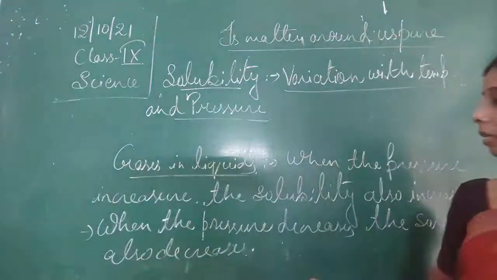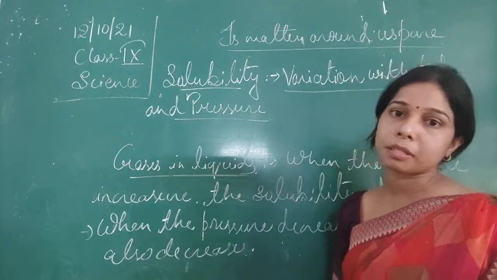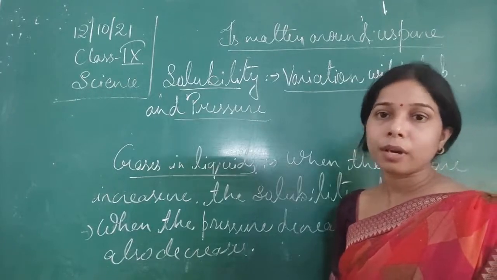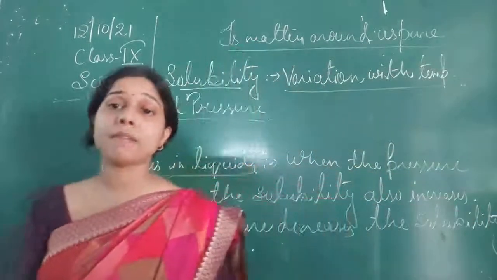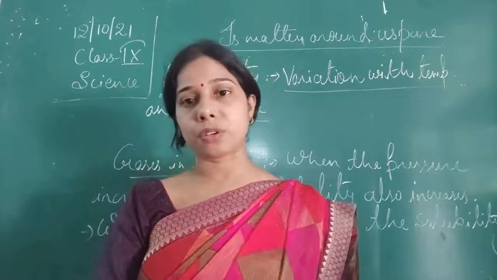So when the pressure increases, the solubility increases. When the pressure decreases, the solubility decreases. Okay, so this is how the solubility varies with the temperature as well as with the pressure.